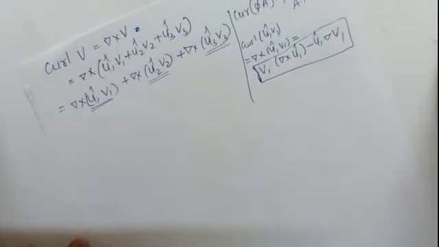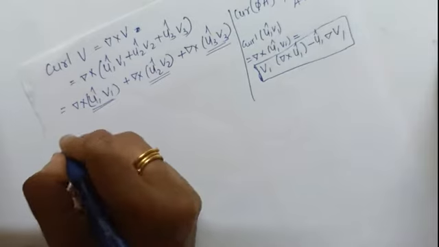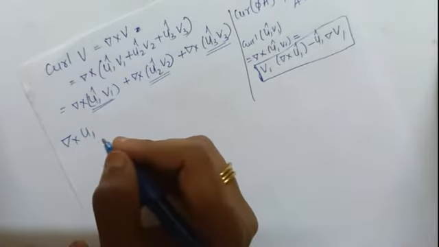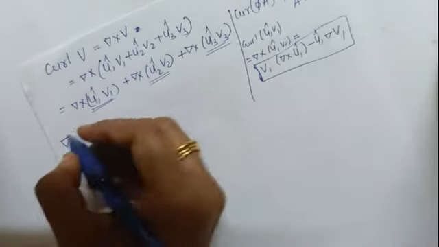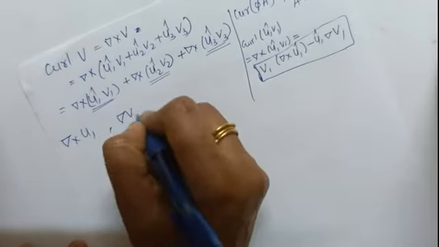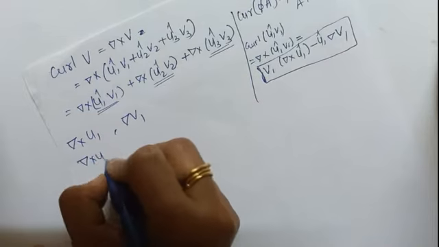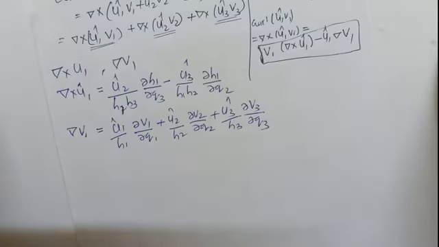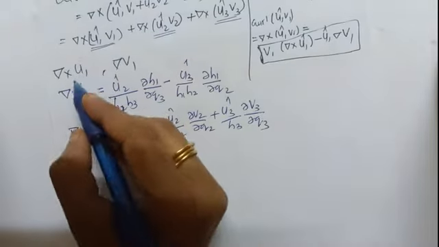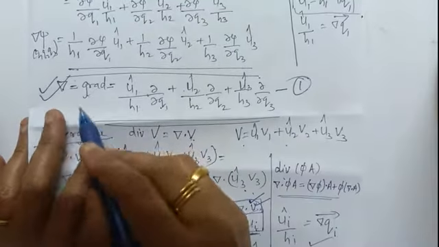Now we already know the value for del cross U1, which we have found out earlier, and del of V1, which we have found out when we were using divergence, but I'll write the terms here. We are having these two terms we have already obtained. I hope when you see this paper, at least you will see grad.